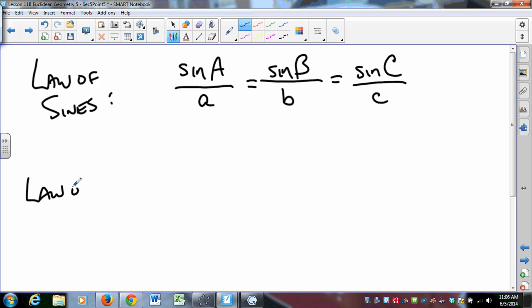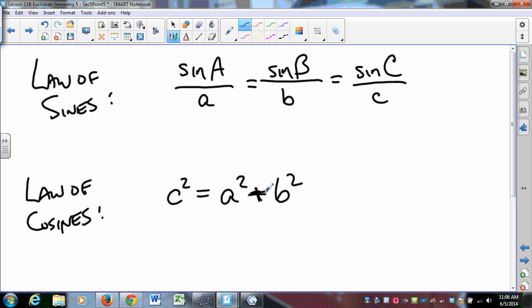Similarly, there is this thing called the law of cosines, which also can be proven without going to the unit circle. It's where c squared equals a squared plus b squared, and you're thinking, that's Pythagorean theorem! Well, nice try, but there's this minus 2ab times the cosine of c thing that's floating around.